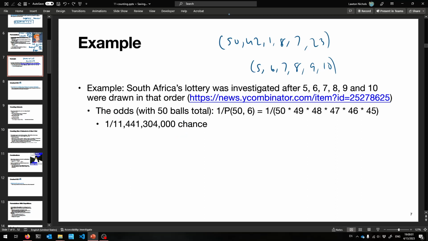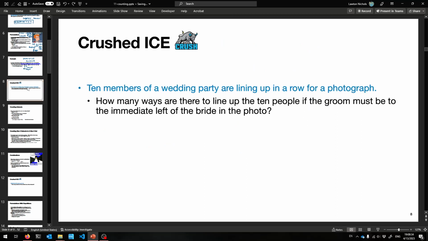The 50 was the total number of lottery balls that would be chosen from, and this is how many balls to pick, the number to pick out of that when you're calculating things. So there's just a tiny chance that this happened, and maybe it really was legit. Who knows? There is a chance. It just is very, very unlikely. But you never know. So that's that example.